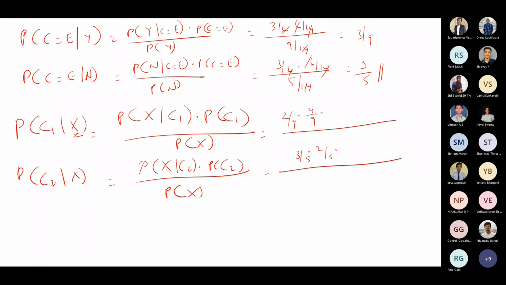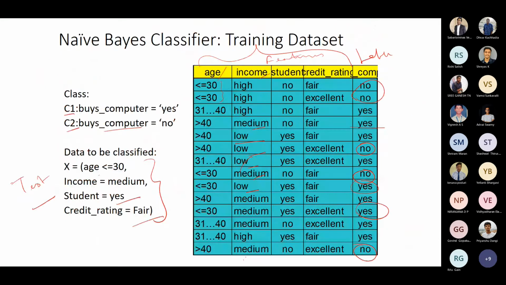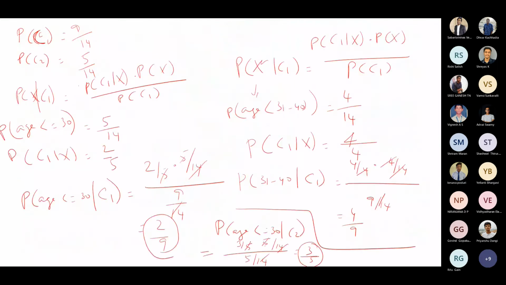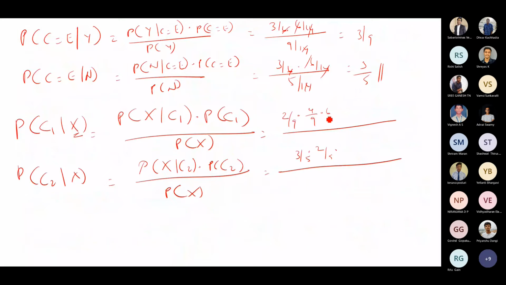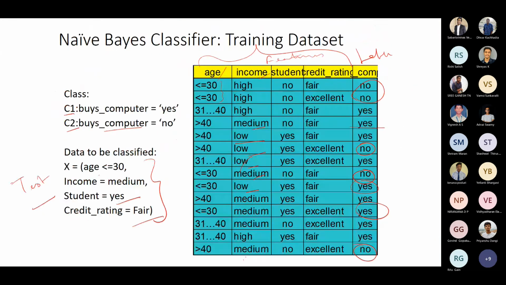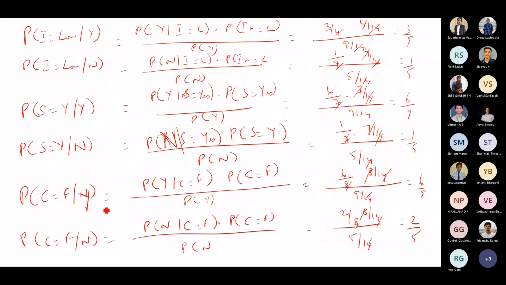And the next data is student is equal to yes. So student is equal to yes and no, 6 by 9 and 1 by 5, multiplied by the last component, credit rating is equal to fair.